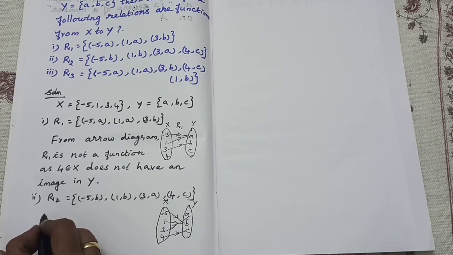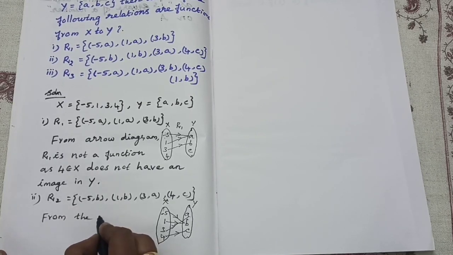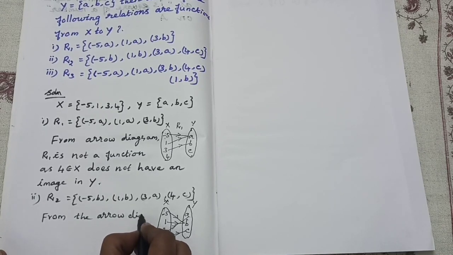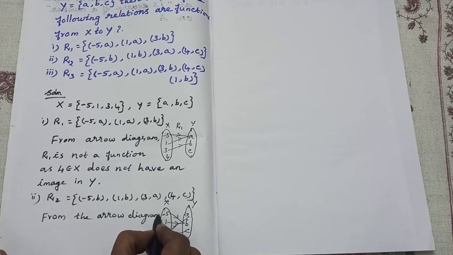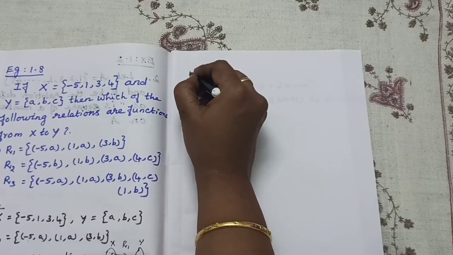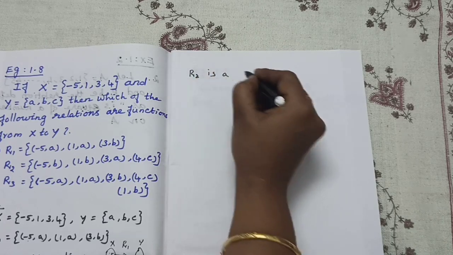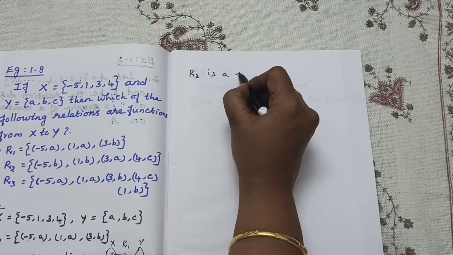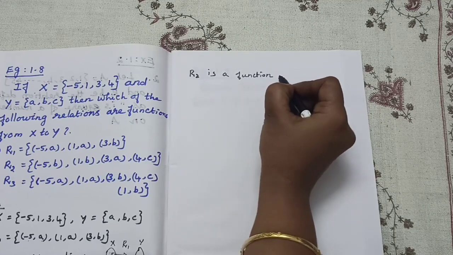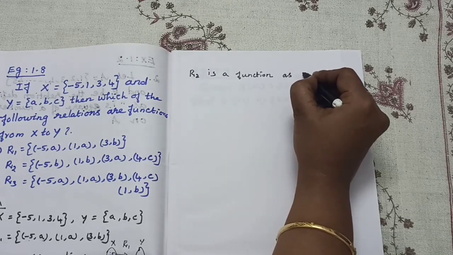From the arrow diagram, R2 is a function. Function, what's the condition?